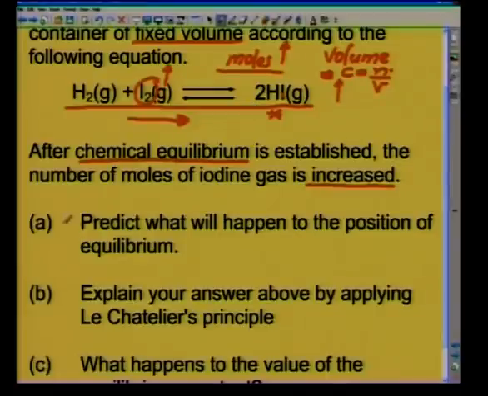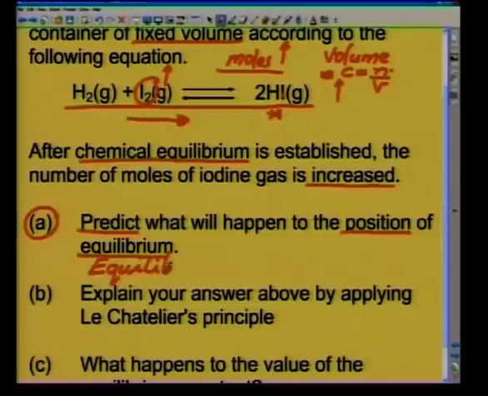So the question here, number A, says, predict what will happen to the position of the equilibrium. The equilibrium will shift to the right. You see, equilibrium here shifts to the right. Why? Because it wants to level up the increase of concentration of iodine here.